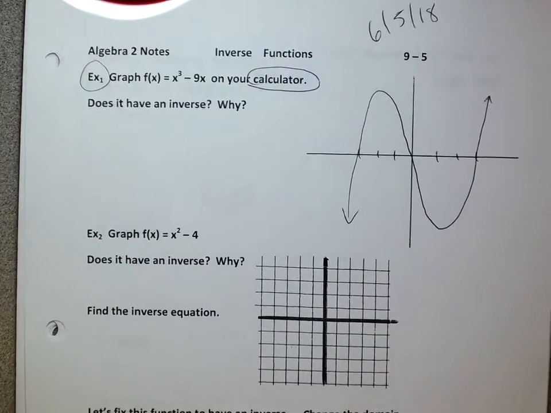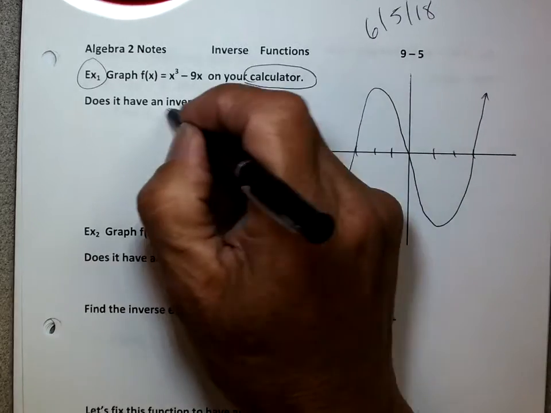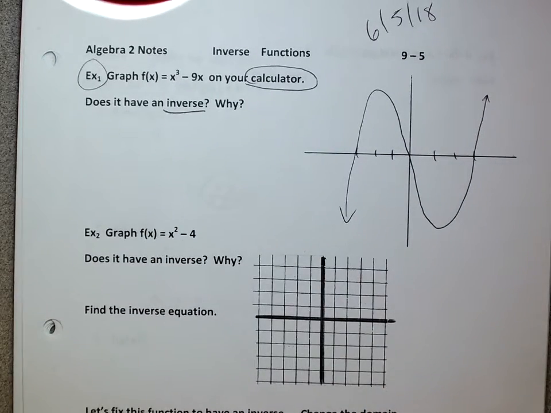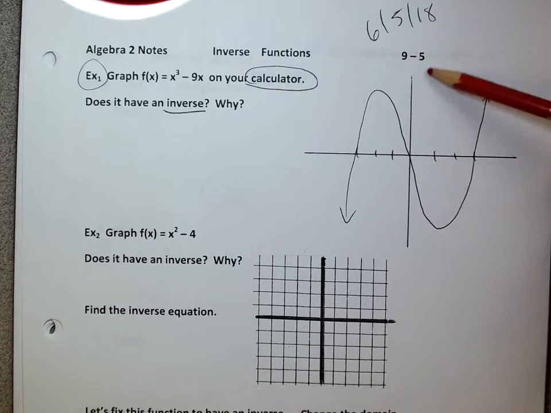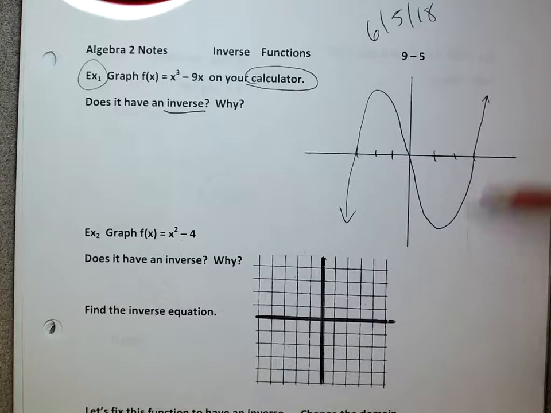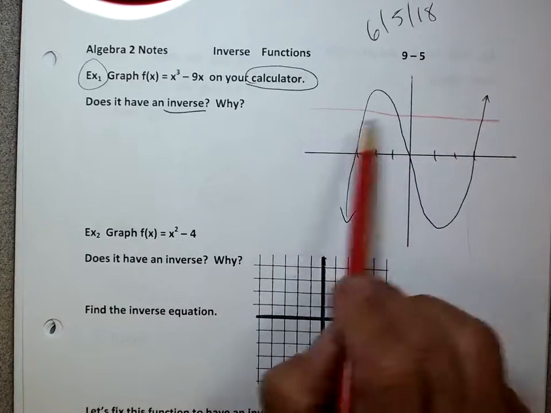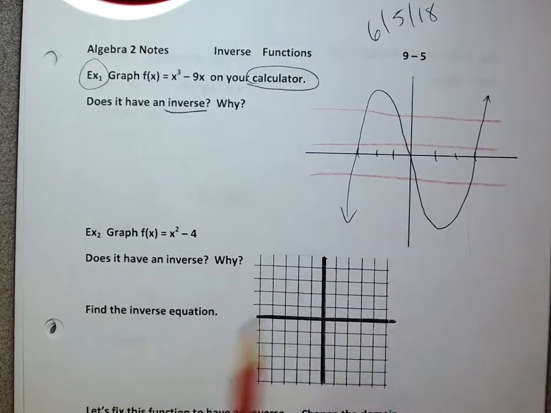So if I look at that graph, does it have an inverse? We've talked about this before, but it's been a while. We know that if it passes the vertical line test, it's a function. But it has to pass a horizontal line test to have an inverse.